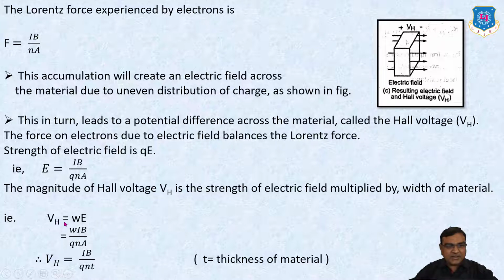So VH is equal to W into E, so W I B divided by Q into N into A. So ultimately V suffix H is equal to IB divided by Q into N into T, where T is the thickness of the material.